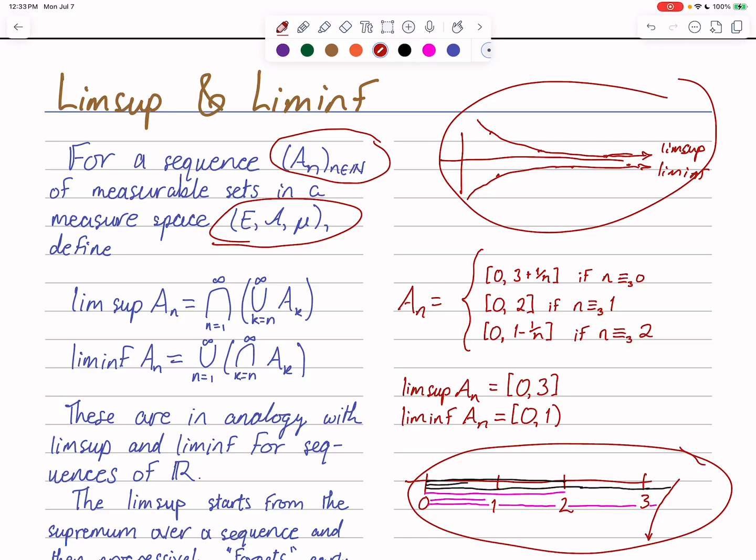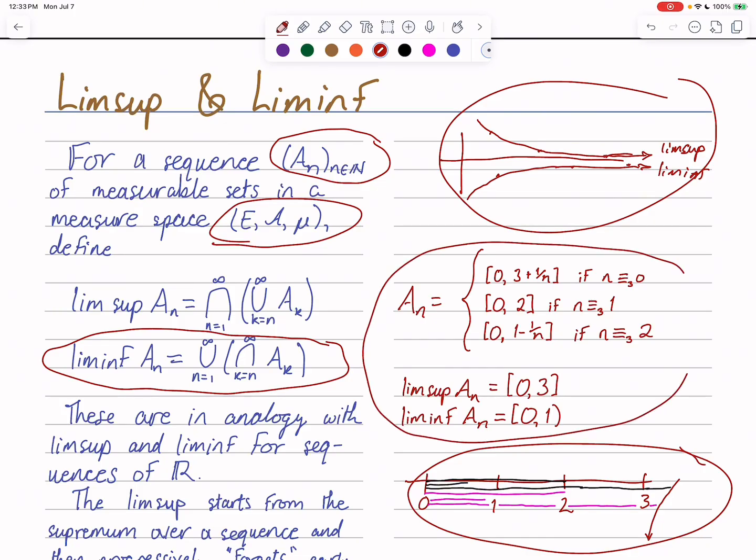We could repeat a lot of this to talk about the Liminf, but basically, it's not too surprising that it would toggle the intersection and the union. But let's actually talk through why the Liminf in this particular case is the interval from 0 to 1 exclusive.